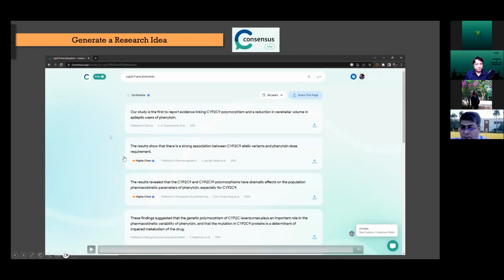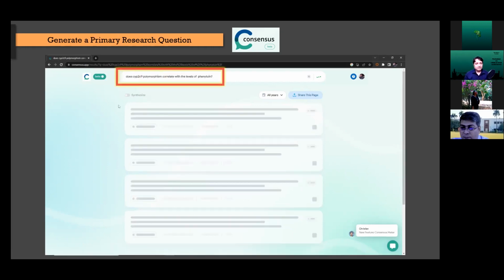Now what we want to do is convert these keywords into a research question. To generate that, we'll write a small question: does CYP2C9 polymorphism correlate with the level of phenytoin?